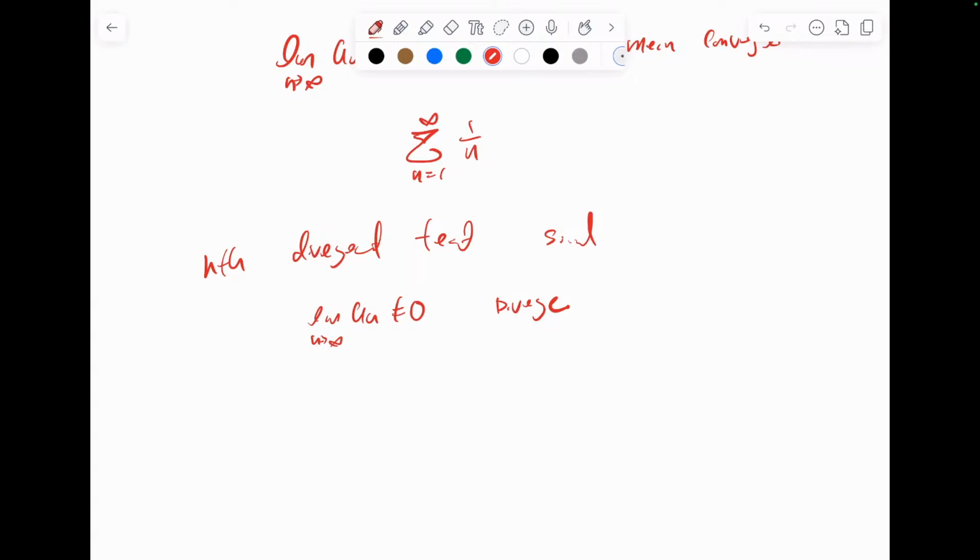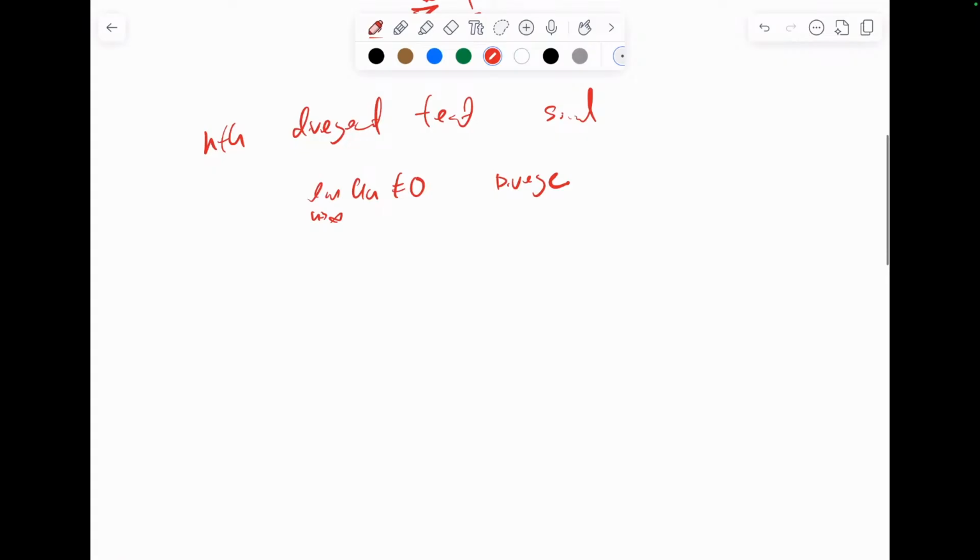You can say, if the sum from n equal 0 to infinity of a_n converges, if the series converges, the limit as n approaches infinity of a_n must equal 0. I don't know if that makes sense. Because if the series converges, then a_n has to equal 0. But if a_n becomes 0, it does not mean it converges.